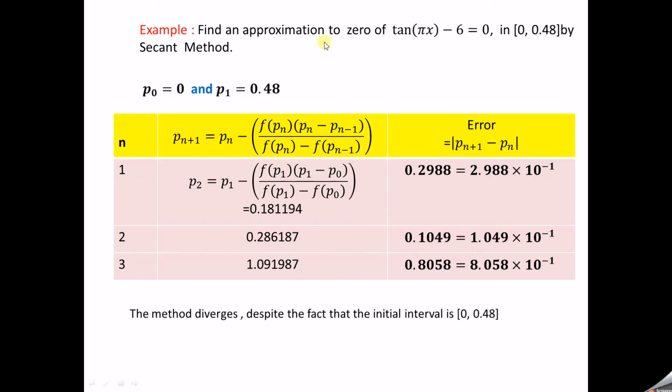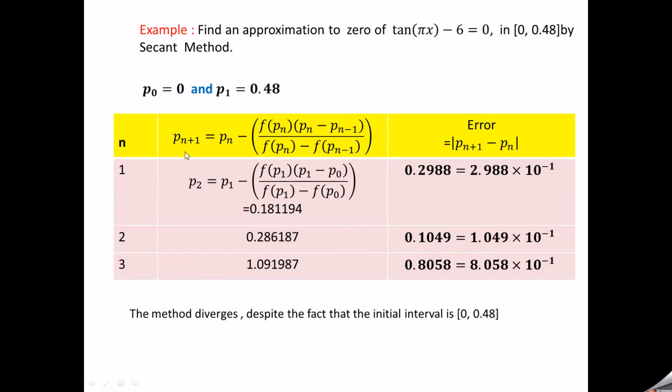Find an approximation to the zero of tan(pi x) minus x equals 0 in the interval [0, 0.48] by the secant method. So the root is lying between 0 and 0.48. To apply the secant method, let us start with two initial guesses: P0 is 0 and P1 is 0.48.